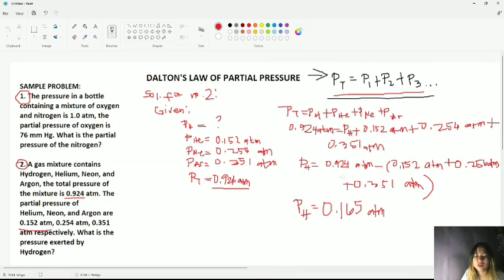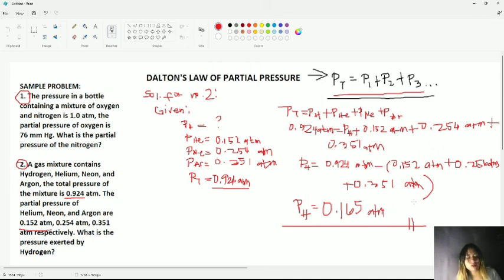Ayan. To check if tama ba yung value ng partial pressure ng hydrogen, i-add mo lang to dito sa 0.152, sa 0.254, and sa 0.351 para ma-total yung mga partial pressure, nakuha yung total pressure na 0.924. I-add natin, check natin, plus 0.165.